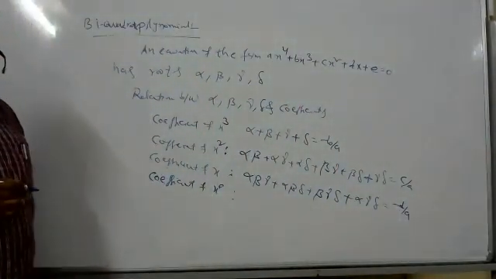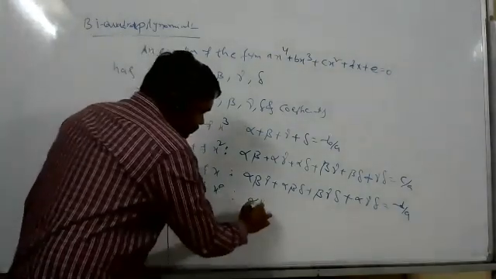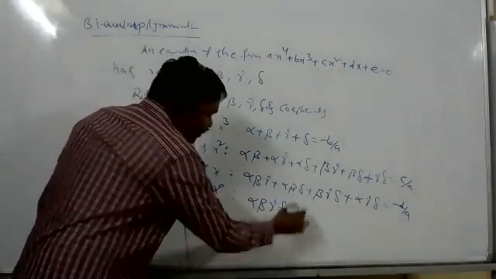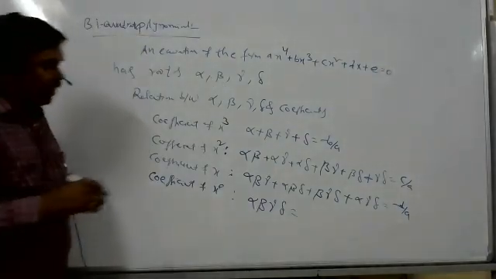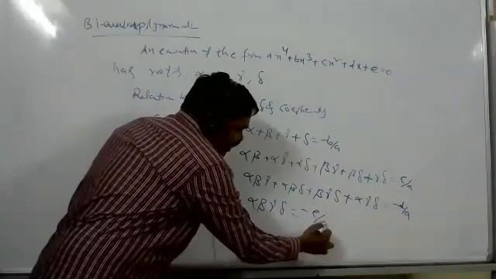Next, x naught: alpha beta gamma delta is equal to minus e by a.